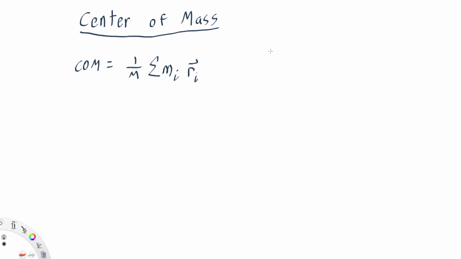Now, this formulation assumes that we have some discrete bits of mass. So maybe if we were analyzing the movement of a carbon tetrachloride molecule, we would be able to say that there's a carbon atom at the center, and 4 chlorine atoms surrounding it.